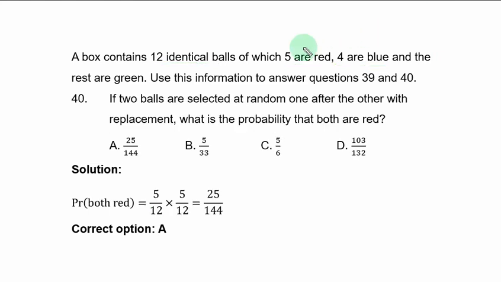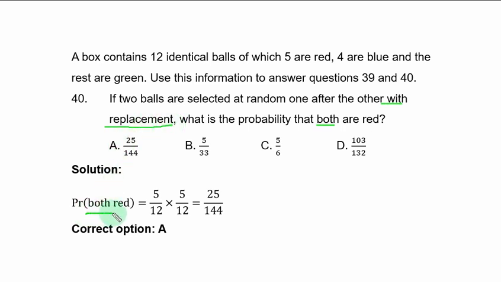Question 40. If 2 balls are selected at random, one after the other with replacement, what is the probability that both are red? Both implies multiplication law. Then with replacement, that condition simply means that the total is not affected. After picking the first ball as red, you replace it before the next picking, so the total remains the same.